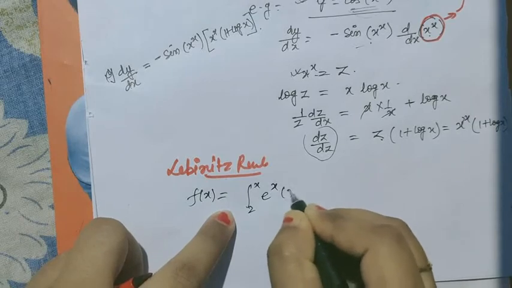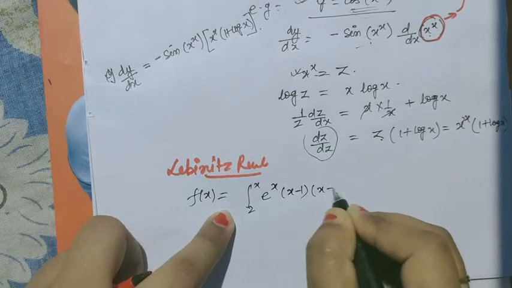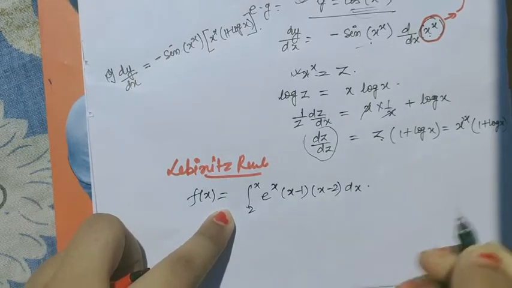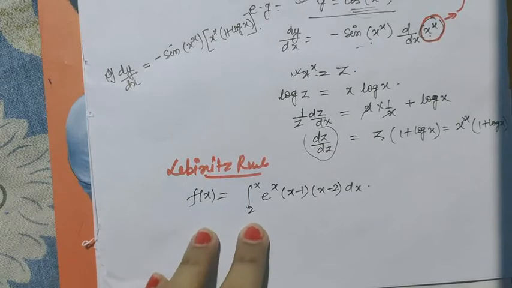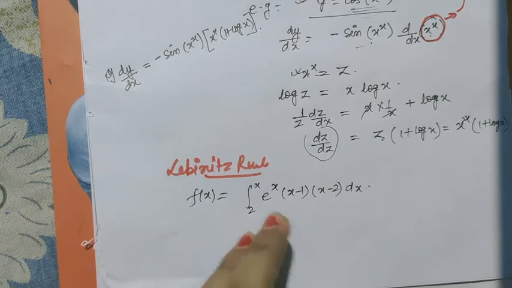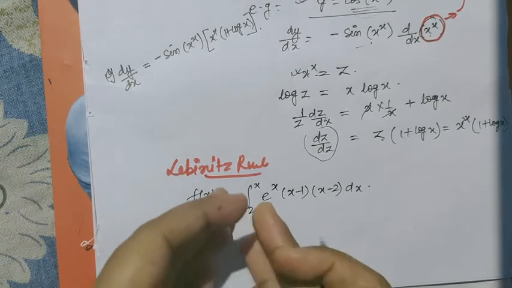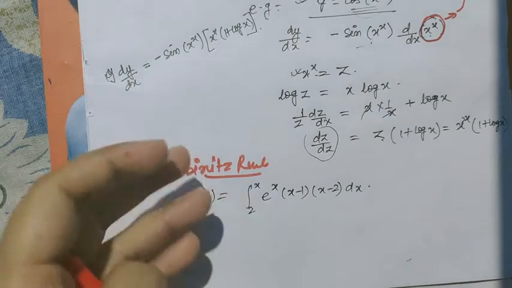e raised to power x, x minus 1, x minus 2 dx. Now what I told you in Leibniz rule, that to find the differentiation of this type of function, that is in integration form, what will we do?